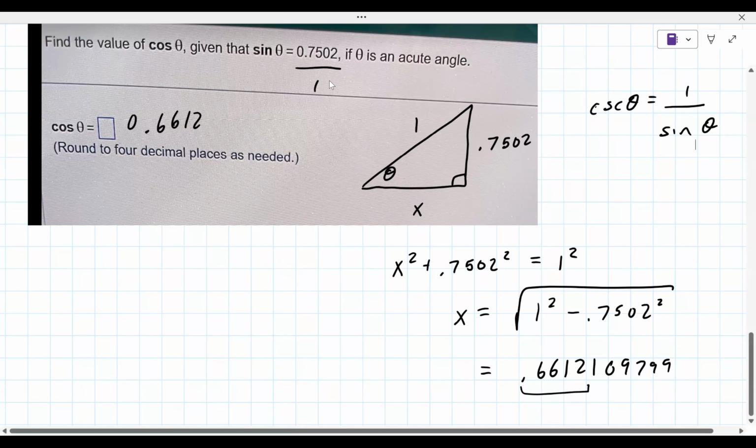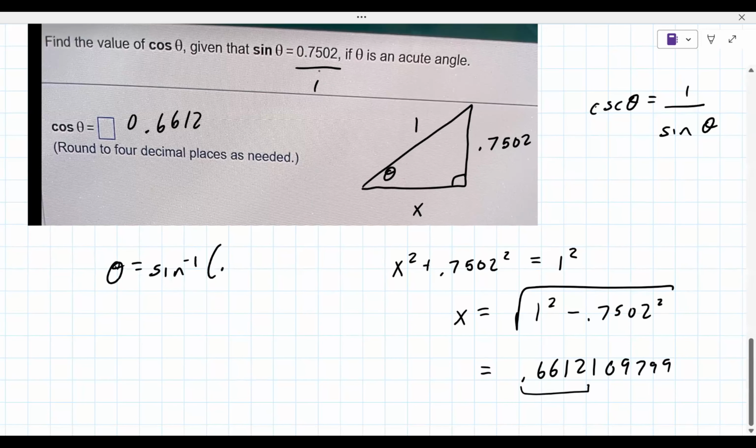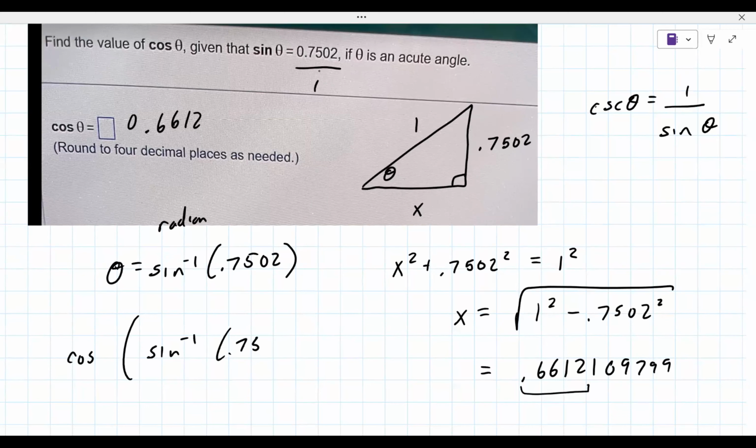So another way to do it is to find theta. Theta is the sine inverse of 0.7502, but you have to make sure you're in radians. Then you can take the cosine of that number, and you will get the same result.